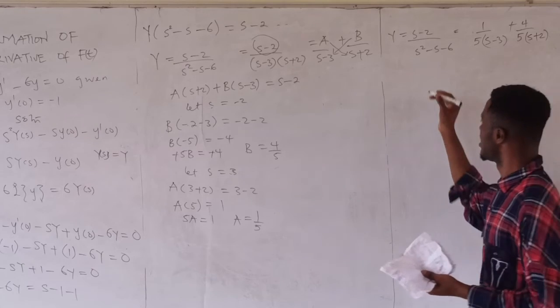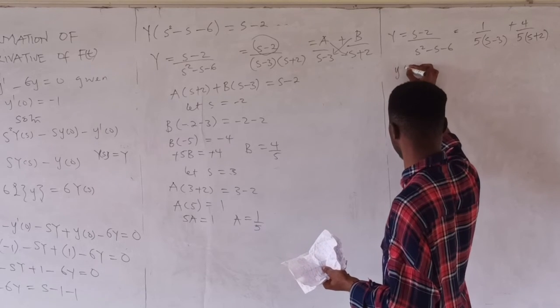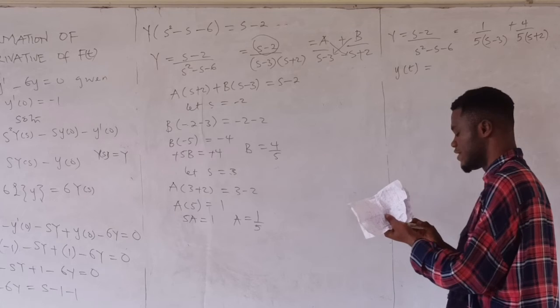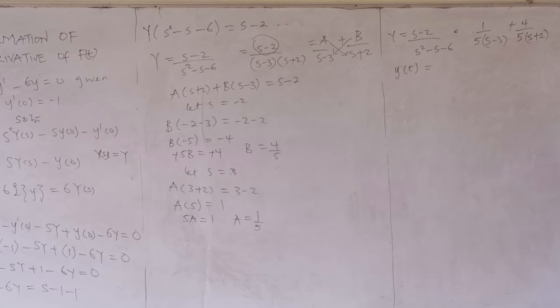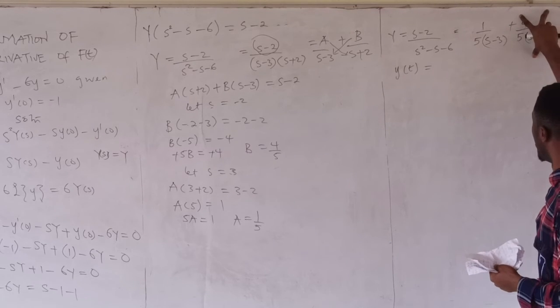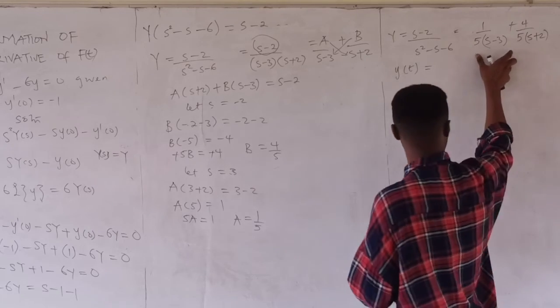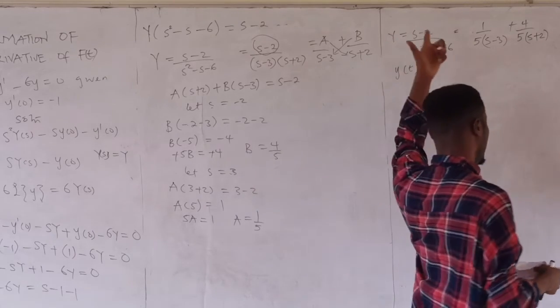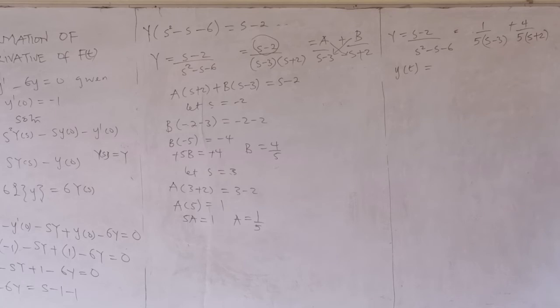Now, for you to get y of t, as usual, what I'm going to do is to get what type of f of t, from the first video, reflects this type of function.